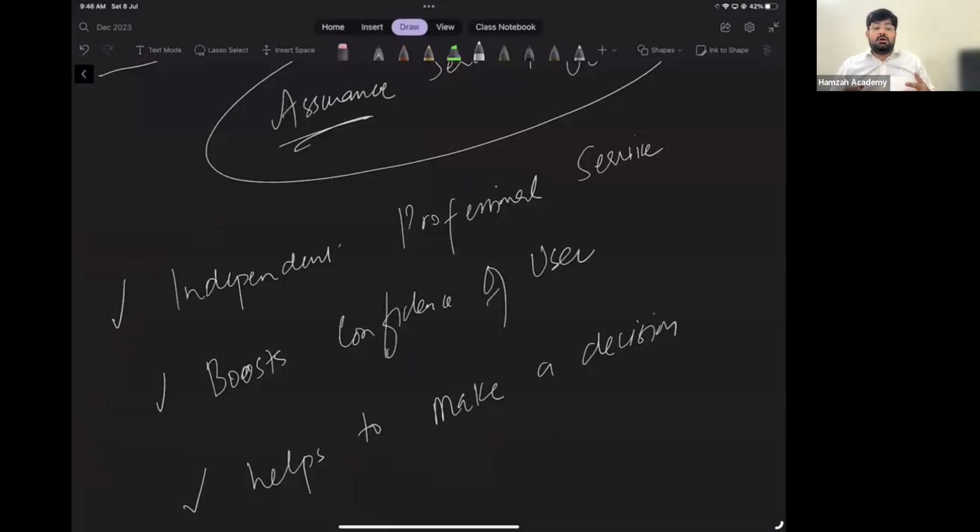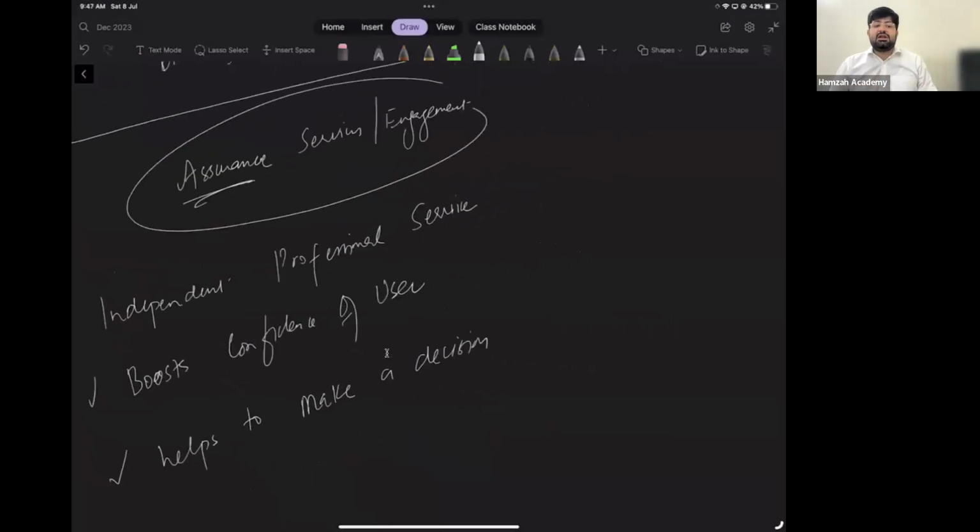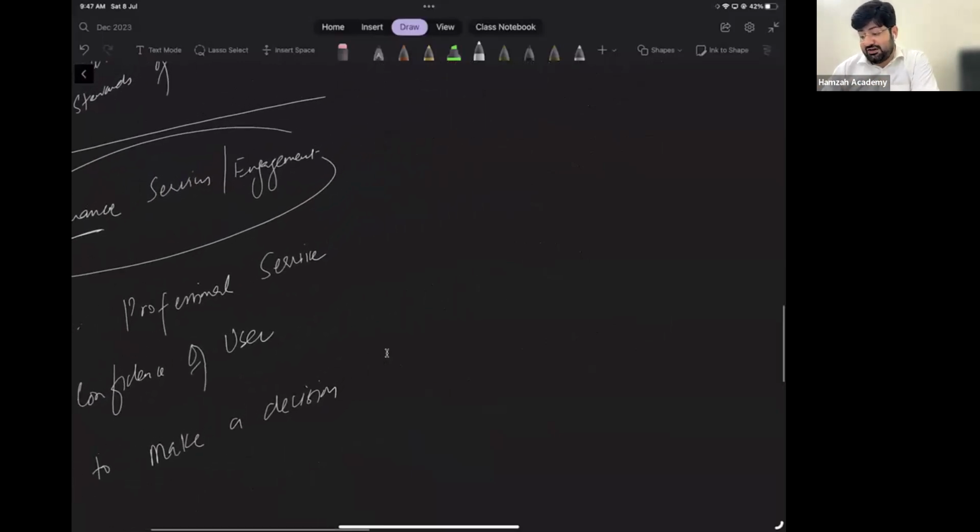So, students, assurances. There are so many assurance services. I have given you some examples from daily life. So students, audit is one of the assurance engagements, audit of financial statements.